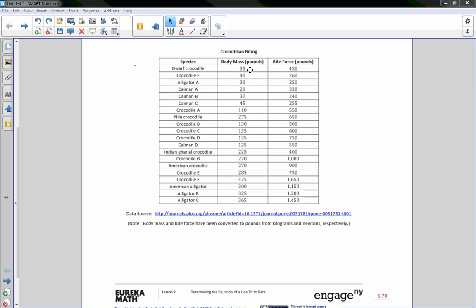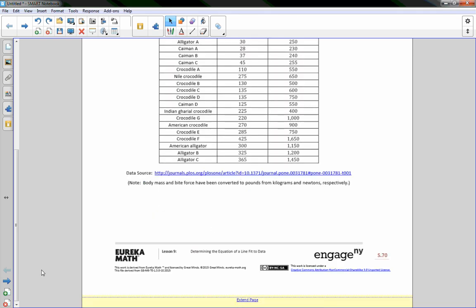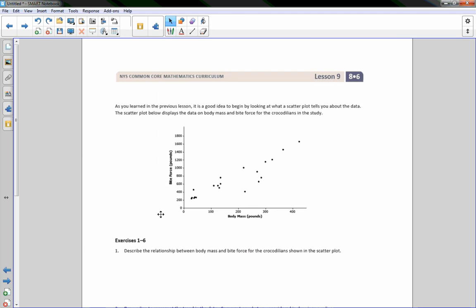The dwarf crocodile weighs 35 pounds and has a bite force of 450 pounds. If you go all the way down to alligator C, American alligator, alligator C is 365 pounds with 1,450 pounds of bite force. Okay, so anyhow, there's a table.